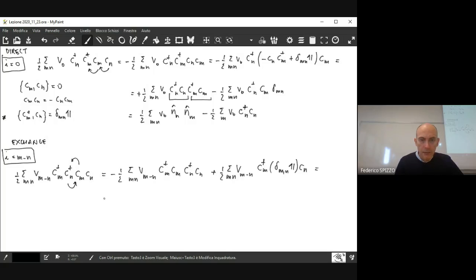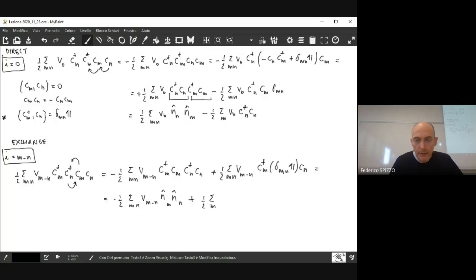And this is equal to minus 1/2 summation over m and n of v of m minus n, number of particle operator corresponding to level m, number of particle operator corresponding to level n. Then I have plus 1/2. Due to this Kronecker delta, m has to be equal to n.